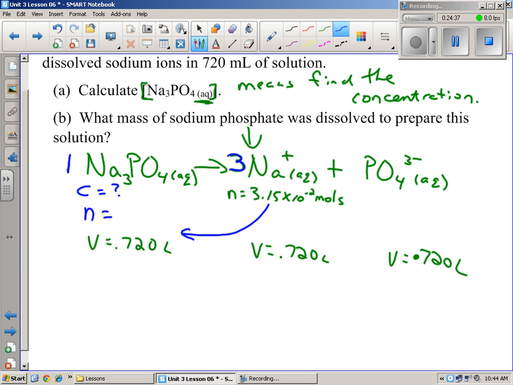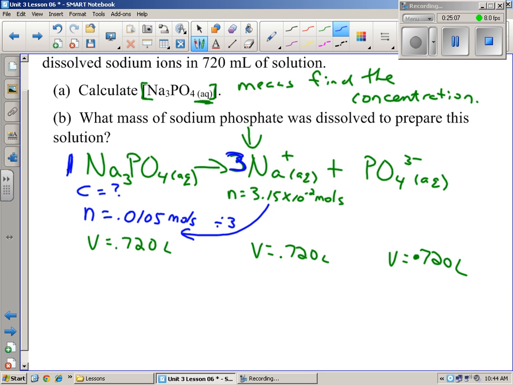But if I want to get from 3 back to 1 here, I need, in this case, to divide by 3. Okay? So, give me a sec here. It's 0.0105 moles, okay?